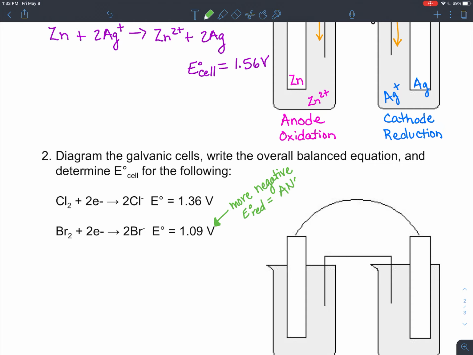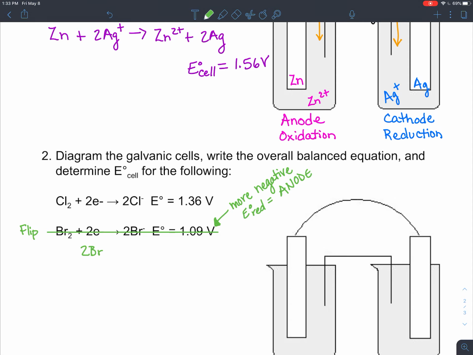So for the more negative value, that is going to be the anode. And remember, at the anode is where oxidation occurs. So we're going to flip this whole thing. Okay. So flip the whole thing.